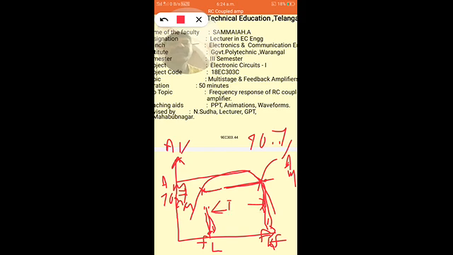The range of frequencies falling between FH and FL is known as the bandwidth of the amplifier, where all the frequency components falling in between FL and FH are amplified uniformly.